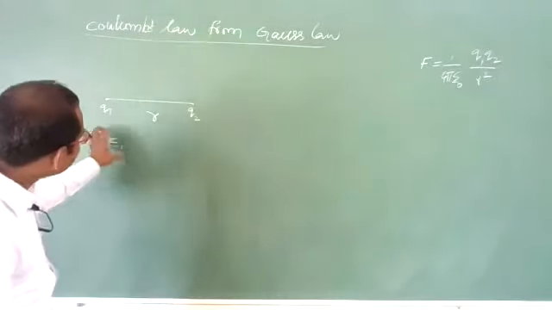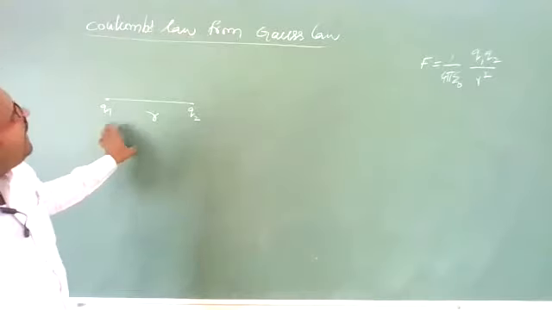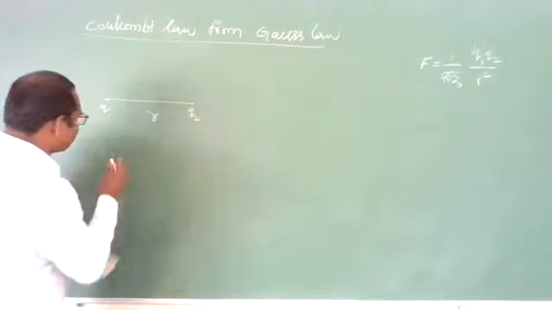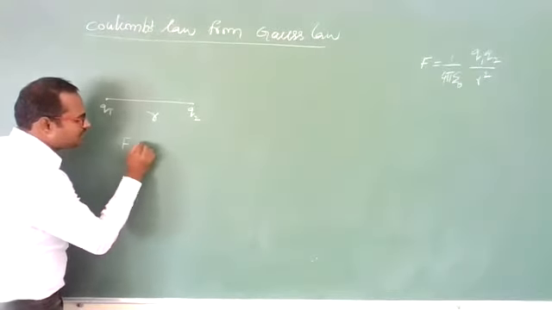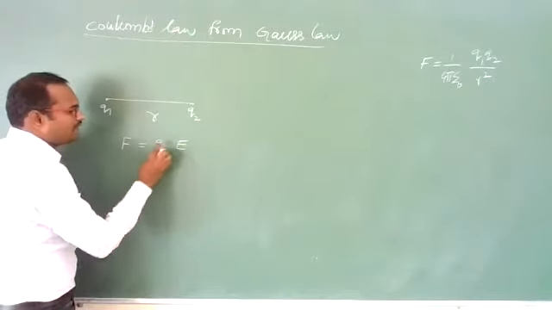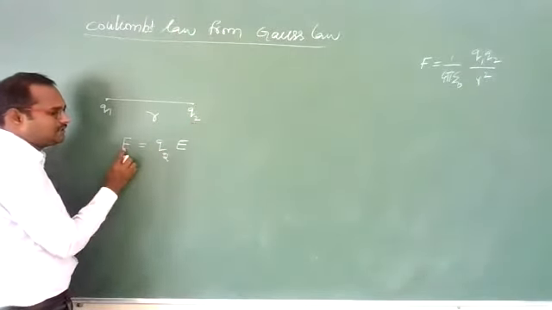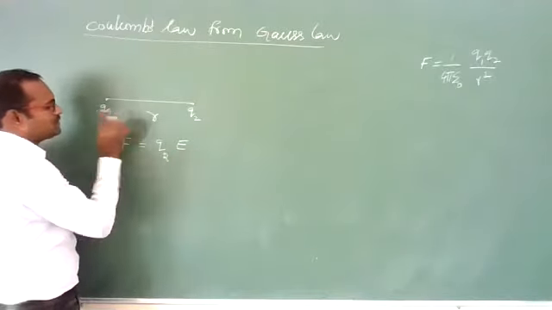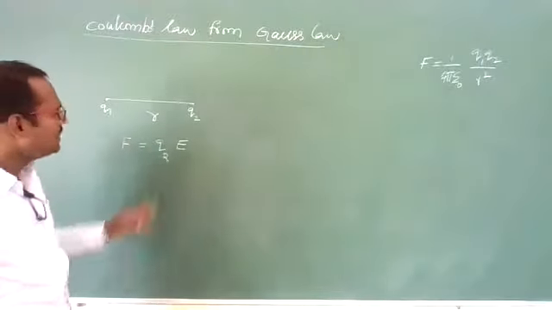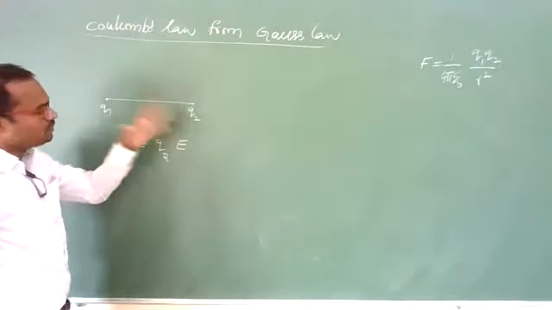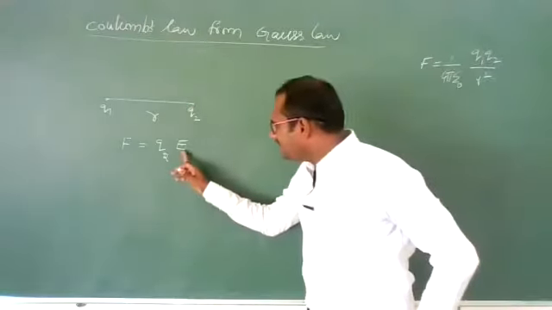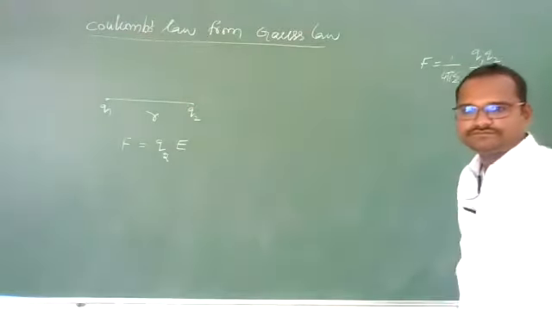Now, due to this electric field E1, a force will act on charge Q2. How much force will act? As you know, force acting on a charge Q2 is nothing but Q into electric field. So the force is Q2 into the electric field due to charge Q1. This is the force acting on the charged particle Q2 due to charge Q1. Clear? So if you get the electric field E, you will get this answer.